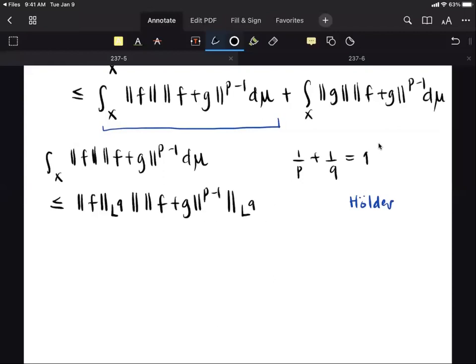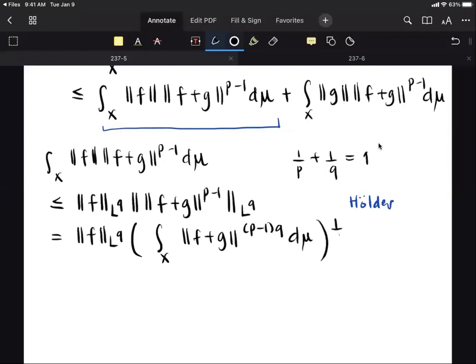And for this, let us apply the definition. So this is the integral of f plus g, to the power p minus 1 raised to power q, d mu, to the power 1 over q.